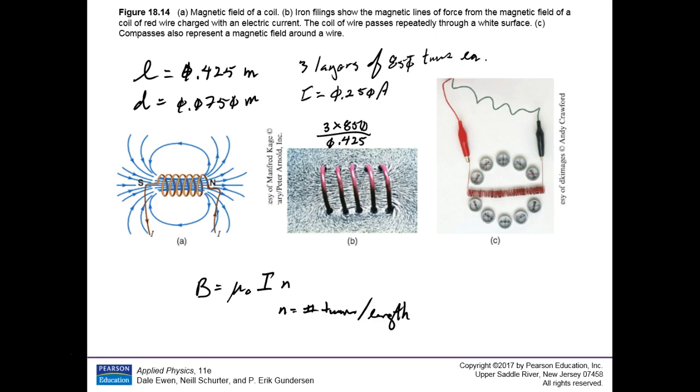So, what is the B? The B would be then mu naught, which is 4 pi times 10 to the negative 7 Tesla meter per amp, times 0.250 amps, that's your I, times this thing, which is 3 times 850 divided by 0.425.